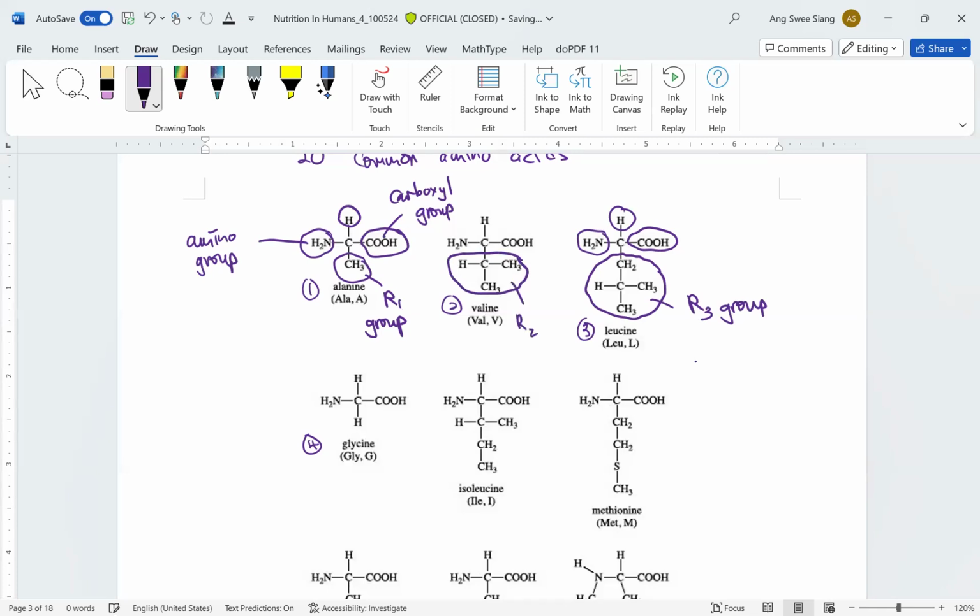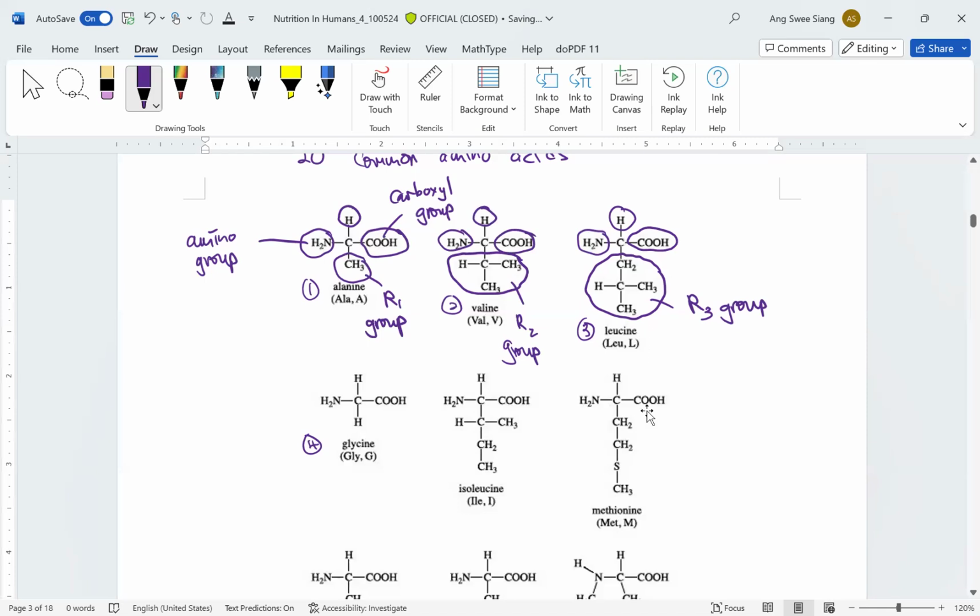The subscripts 1, 2, 3 are there to tell people the R group is different. So I use a different label for different R groups. You can see very clearly NH2, COOH, hydrogen, then the R group.